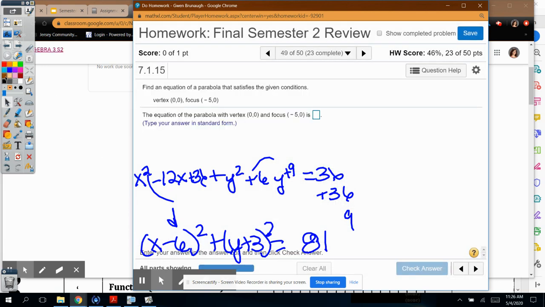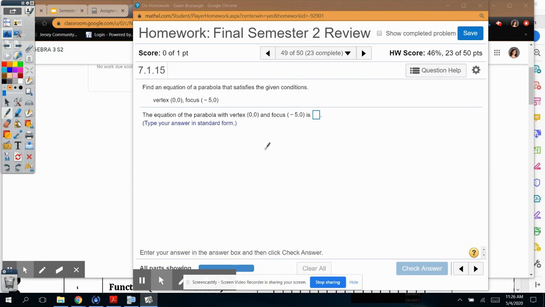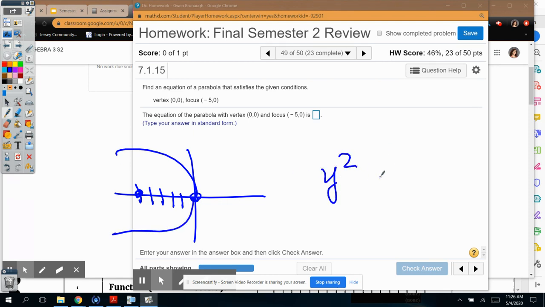Okay, we're going to write an equation of a parabola. It's at 0, 0, and the focus is at negative 5, 0. And that means that it's going to go this way, which is in the y squared direction. That's going to be 4px. The focus tells us where p is.